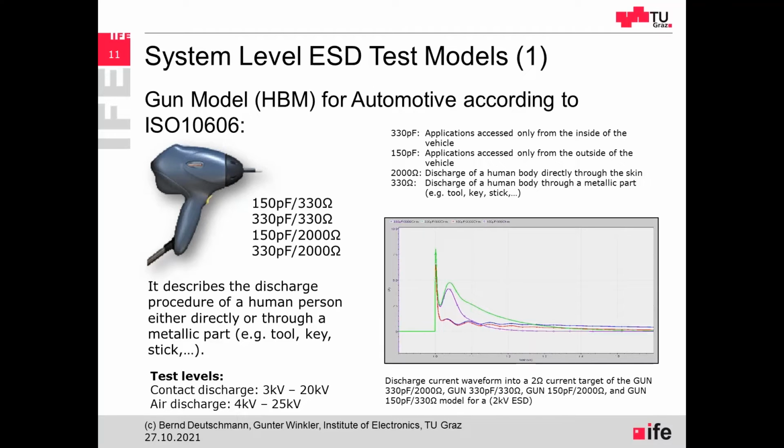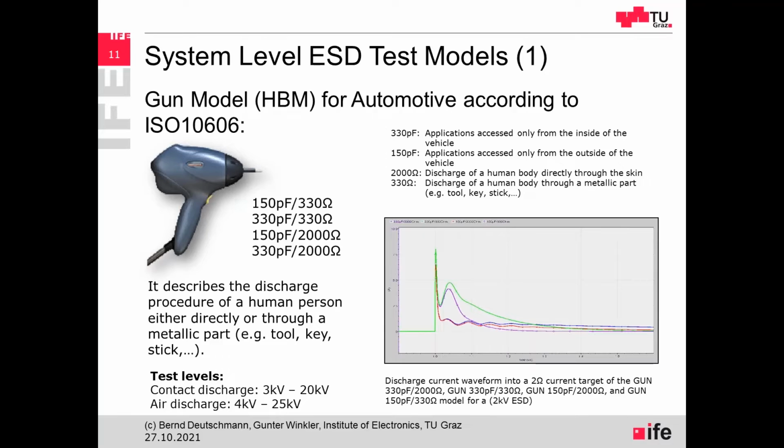And then later on, the discharge from the charged human person, so from this capacitor that is provided by the person itself, will then be discharged by the resistance of the skin and of the human body and of the arm. So the first discharge is mainly the discharge of the stray capacitance of this metallic tool, and the second discharge is then the real discharge of the charged human person.